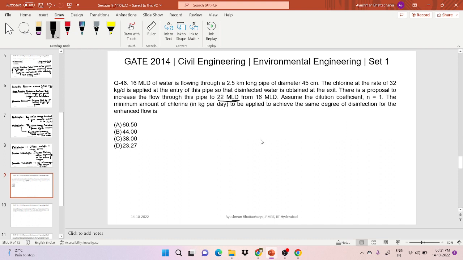Assuming dilution coefficient n equals 1, the minimum amount of chlorine to be applied to achieve the same degree of disinfection for the enhanced flow is. So basically, they are saying there is a pipe with 16 MLD of water, a 2.5 kilometer length pipe.